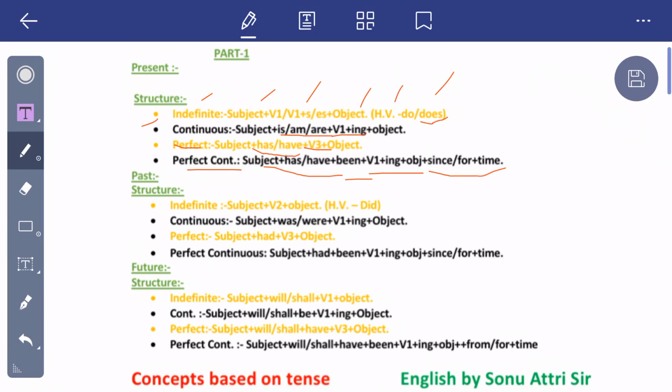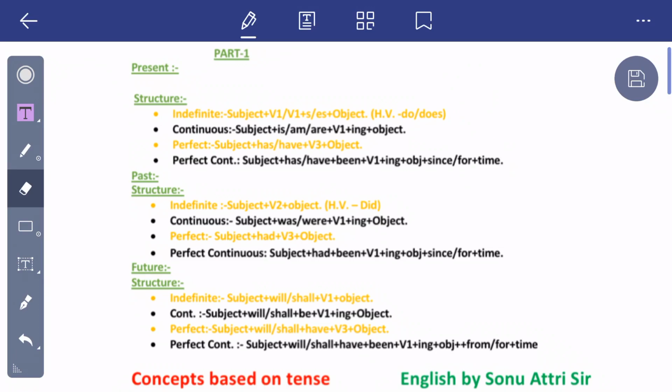I have taken has, have of perfect and ing of continuous, and to add both of these I have added one word between these, and that is been. Have you got it? So perfect continuous is a combination of both perfect and continuous tense. That is why it is called perfect continuous tense.